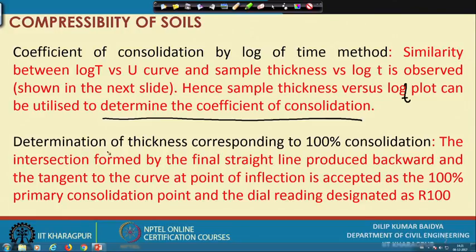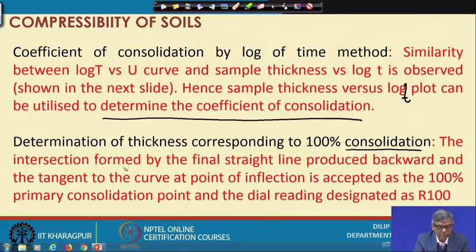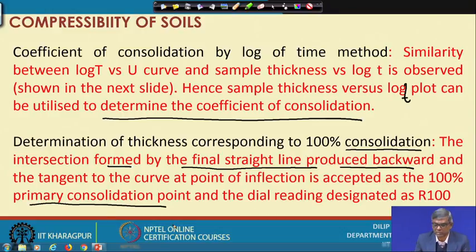So, two things: the thickness corresponding to 100% consolidation is to be determined first. The intersection formed by the final straight line produced backward, which I have shown already, and the tangent to the curve at the point of inflection is accepted as the 100% primary consolidation. Once again I will show that.